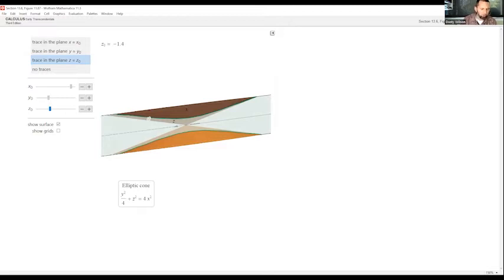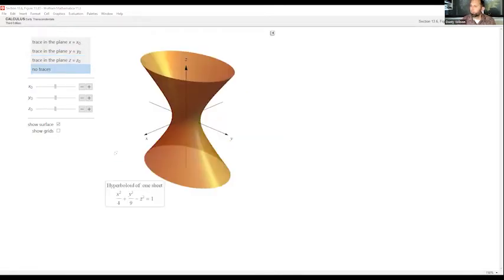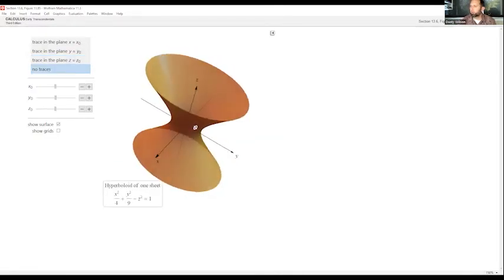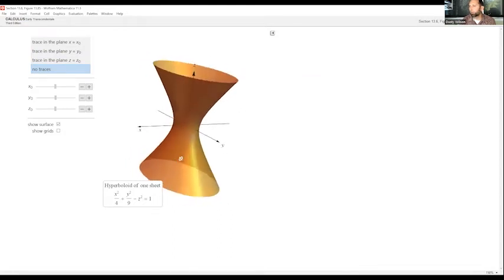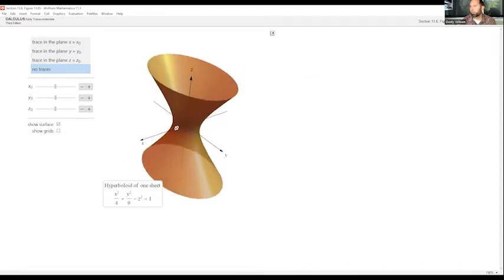So horizontal traces are ellipses, vertical traces in the plane are hyperbolas, assuming the variables are as they are set in the book. So this is a hyperboloid of one sheet. It sort of looks like a cooling tower at a nuclear power plant, if you're familiar with what those look like.